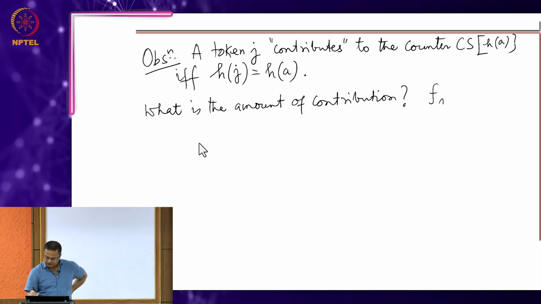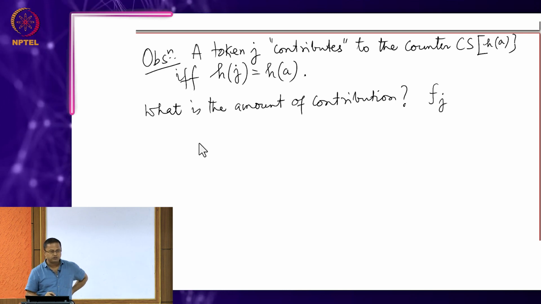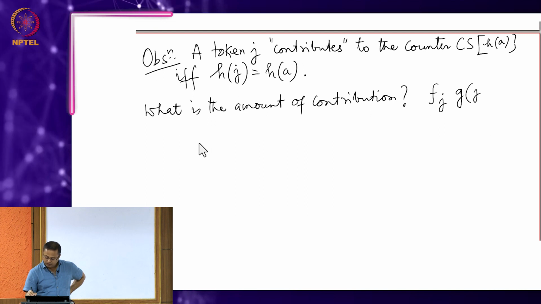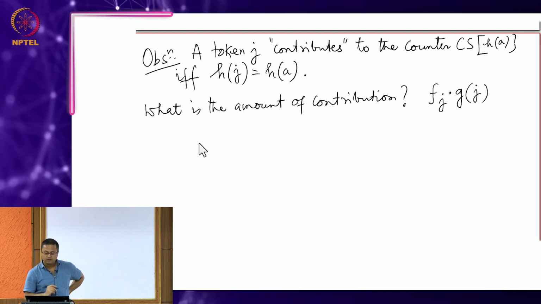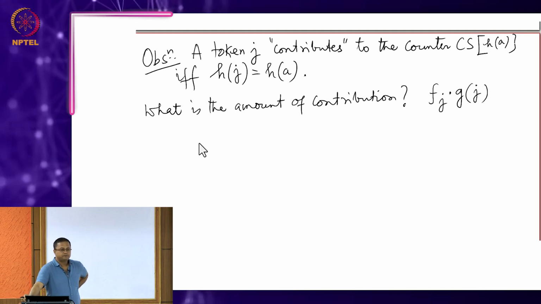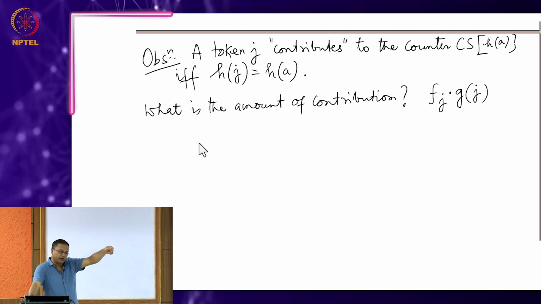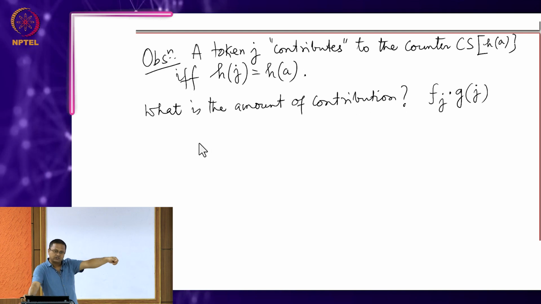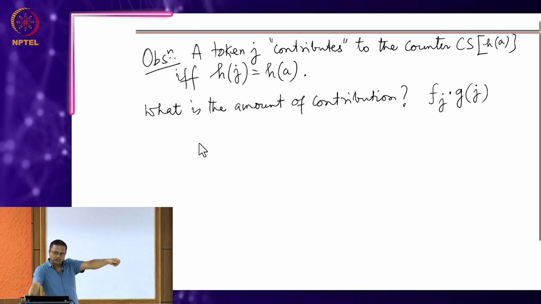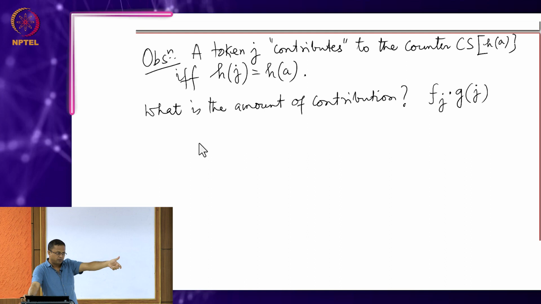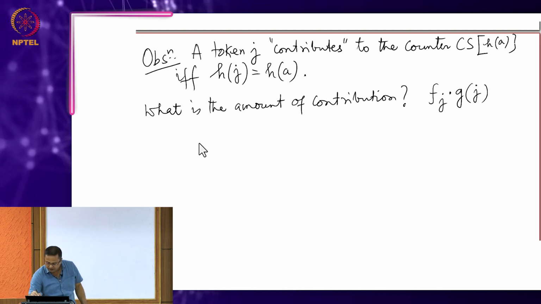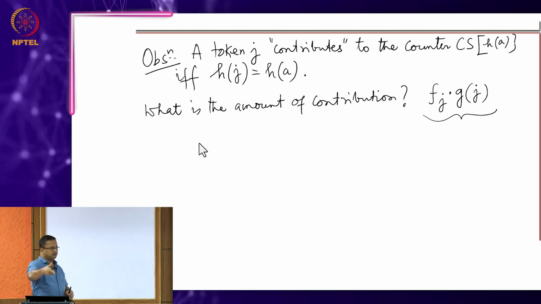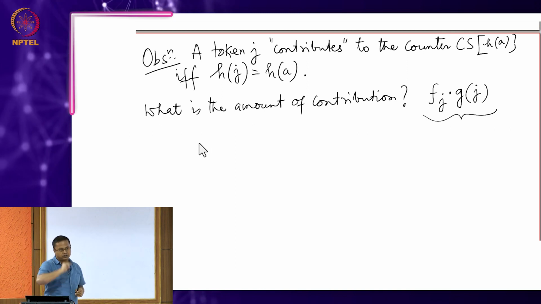That is Fj, whatever is the frequency of j, and that comes with a sign, right, because whenever you are looking at a token j, it goes through a hash function g, so it either adds +1 or -1. So, this is the amount of contribution that the token j is giving to that particular location.